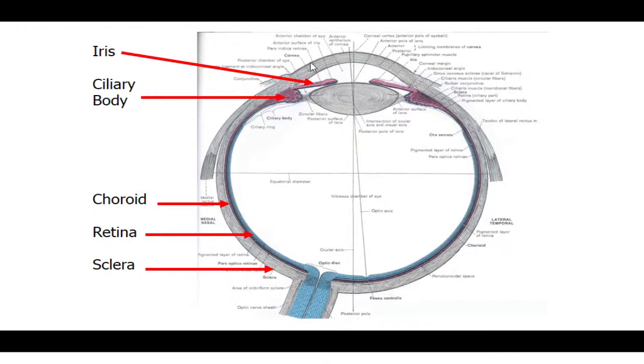Look at this one: cornea, iris, canal of Schlemm, and ciliary body. Here are also visible the sclera and the muscle, the orbital muscle of the eye. That is very important. That's the limbus, an area where many tissues join.